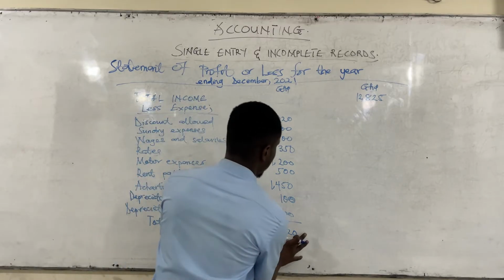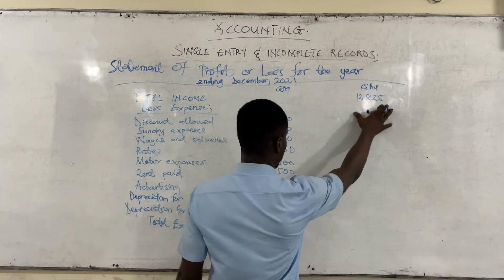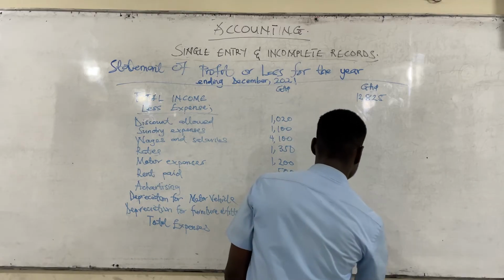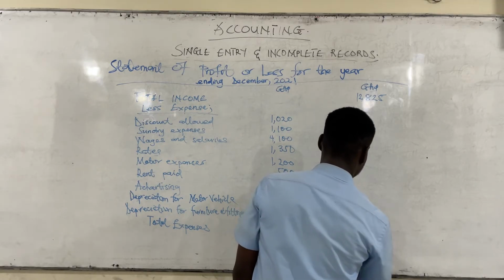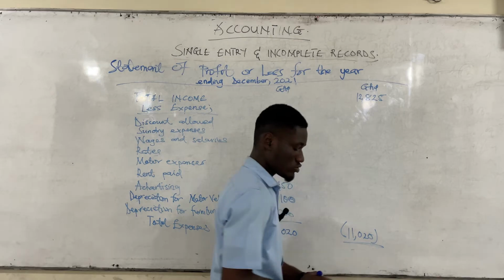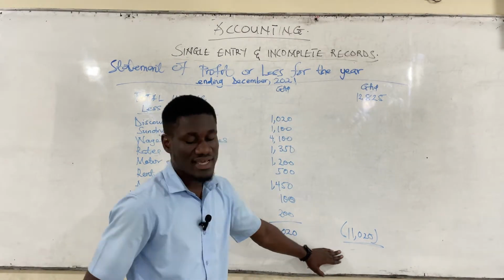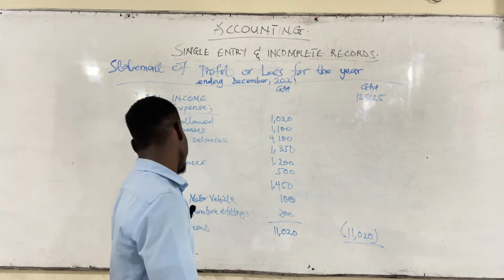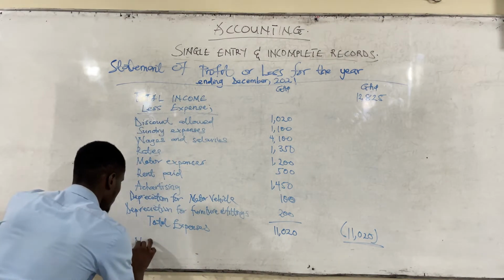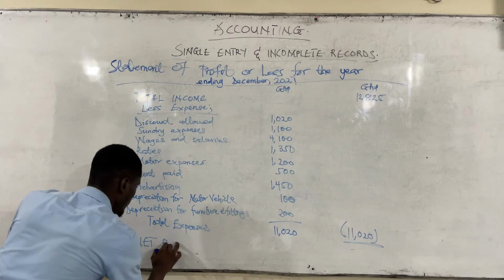Okay, so we are going to less this total expenses from our total income, and we are going to get our net profit.